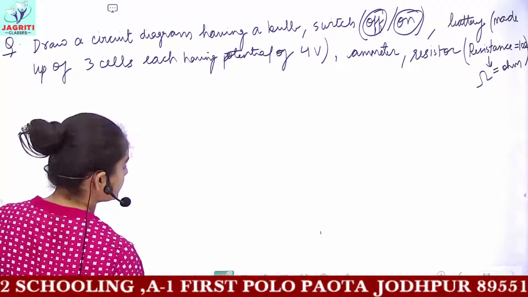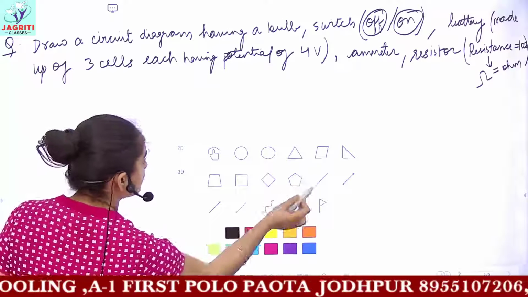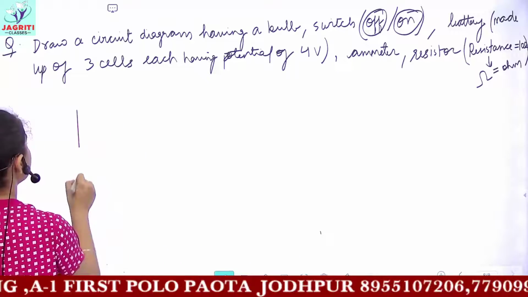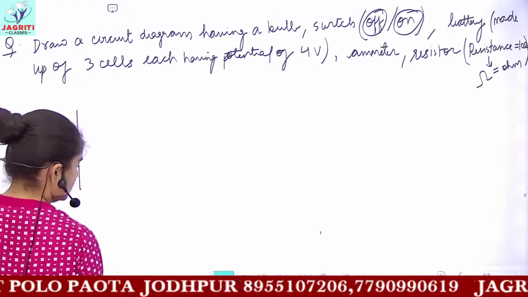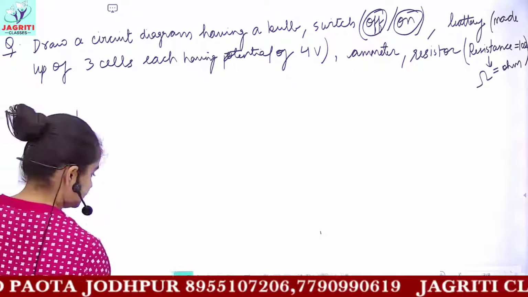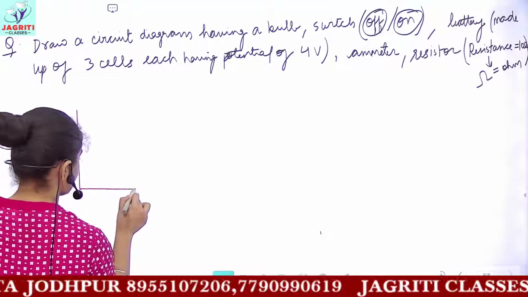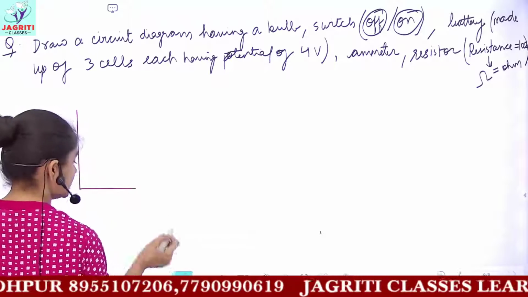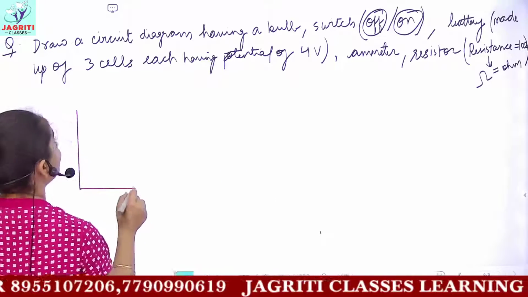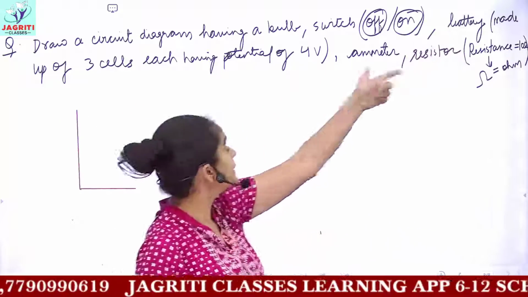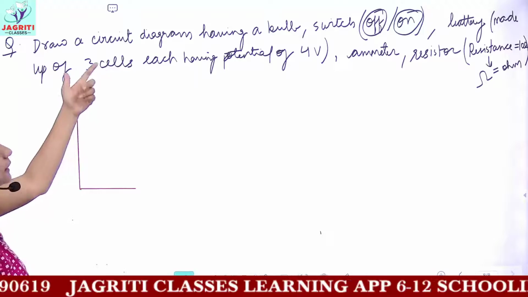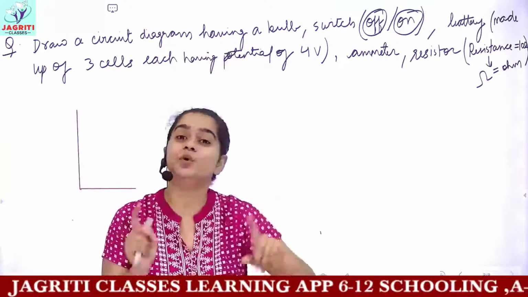So for drawing the circuit diagram, what we'll do is, now I'll be drawing a battery. So let's suppose this is my circuit, and now I have a battery. So this battery which I have been required to draw consists of 3 cells, and all the 3 cells are made up of 4 volts each.